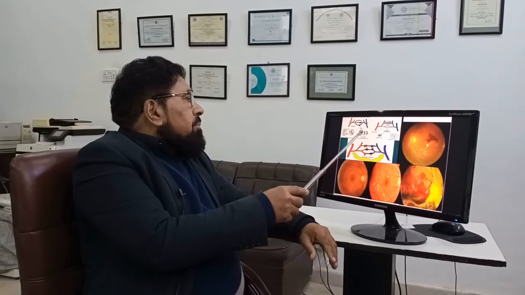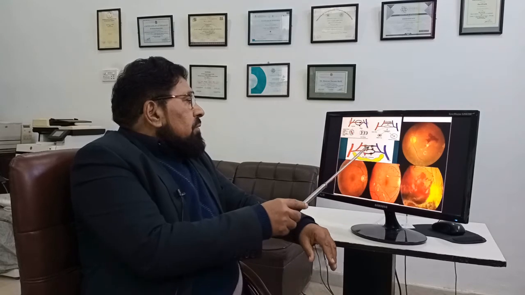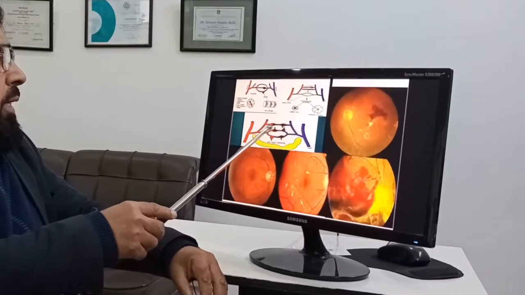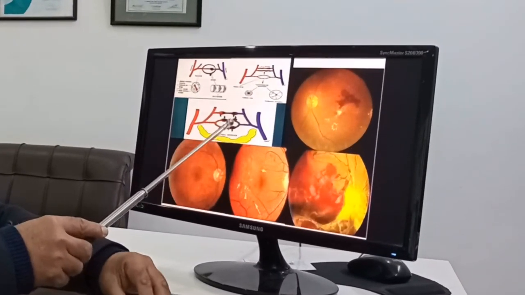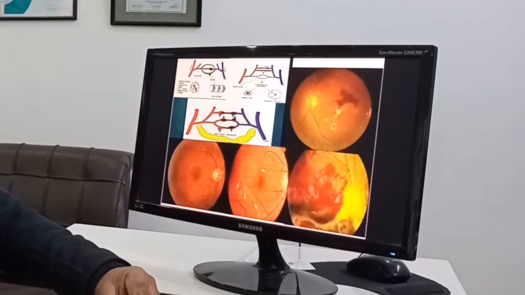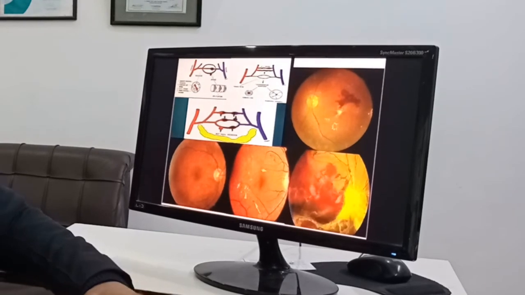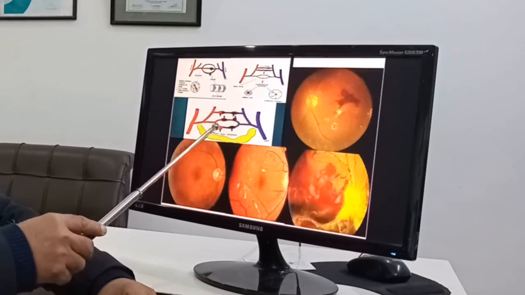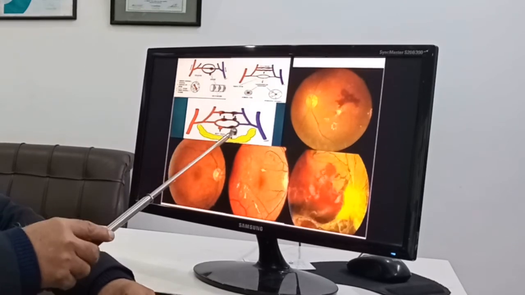By the disease of the pericytes, these vessels become weak and swell up. On one hand, these are getting narrow. On the other hand, these swell and become leaky. When these become leaky, there is exudation and leakage of the fluid from the blood.